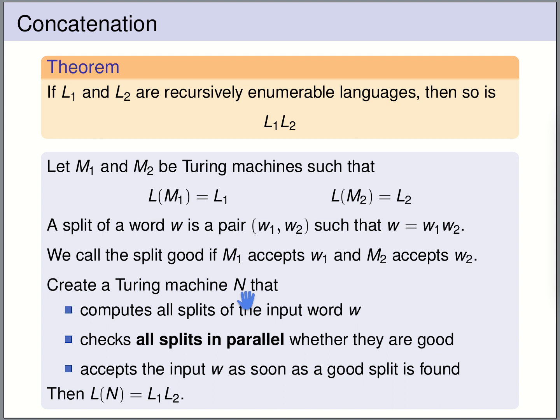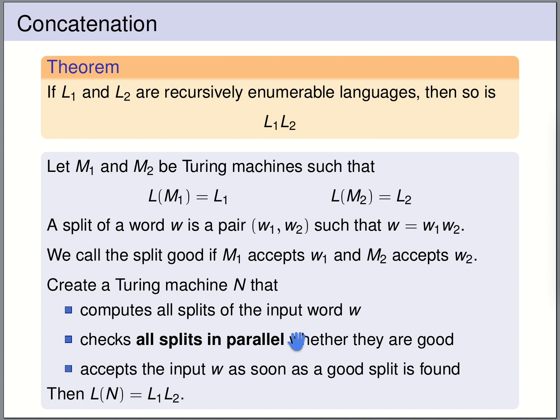We make a Turing machine N that takes an input word W and first it computes all possible splits of the word W. There's only finitely many splits of a finite input word, so we can compute all possible splits. Next, our Turing machine checks in parallel whether one of these splits is good.